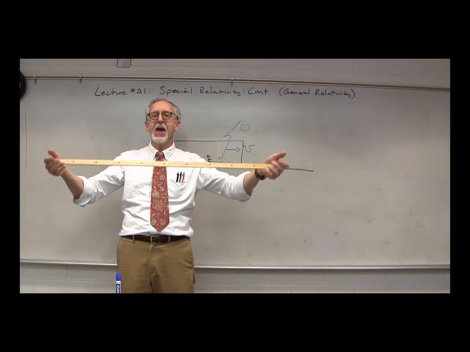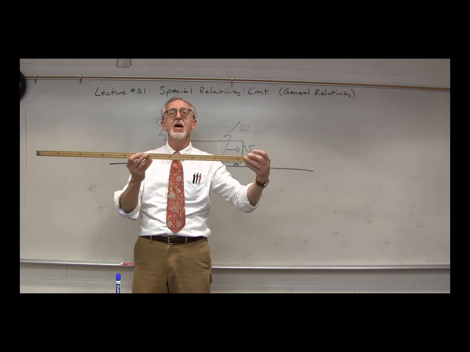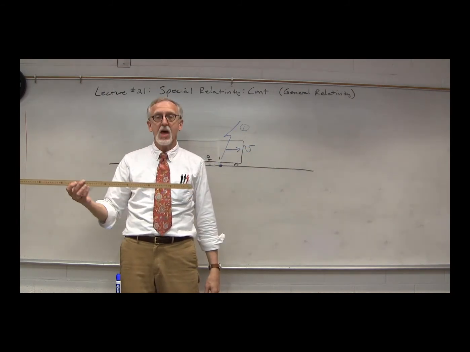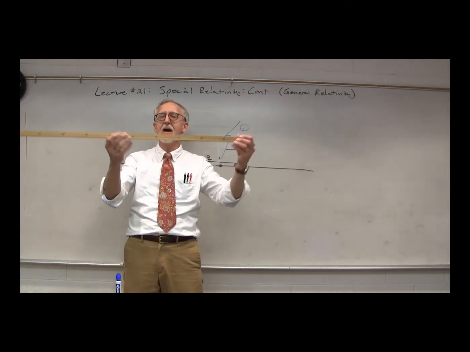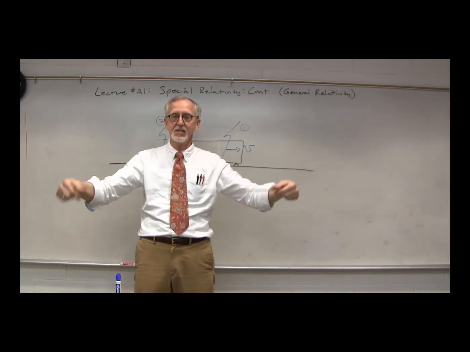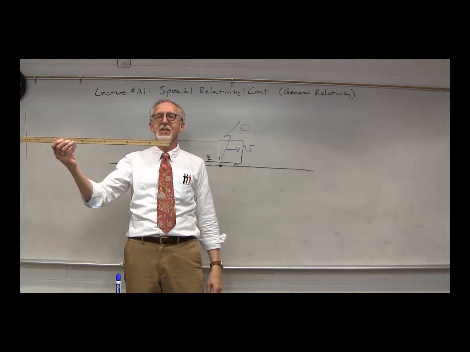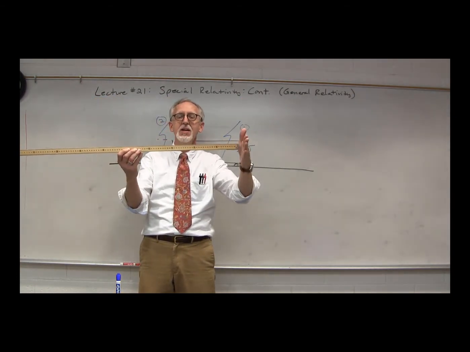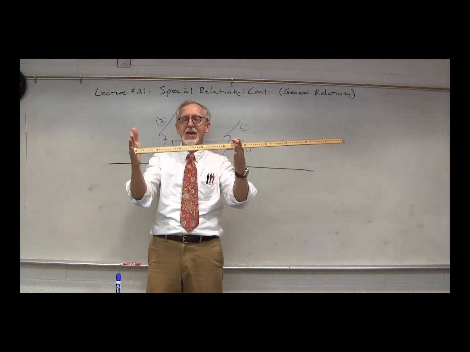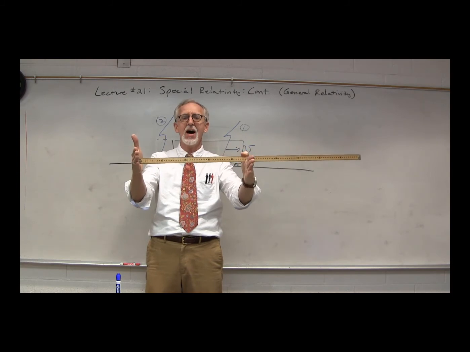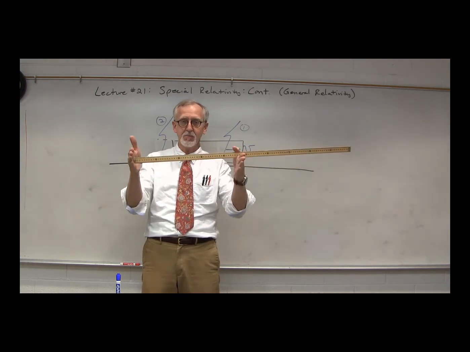I would have to compare both ends of this moving stick with my meter stick simultaneously. However, the person moving with the stick would not say that I measure both ends simultaneously. According to this result, the person that's moving with the stick would think I measure the front end and then I measure the back end. So of course I measure a shorter distance, perhaps 43.6 meters or whatever.